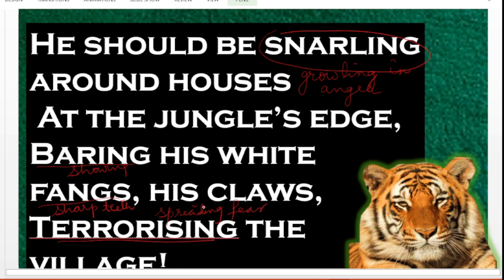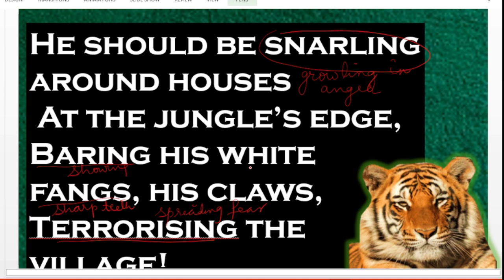Now, let's understand what this means. So now the poet is visualizing how the tiger lives his life in his natural way, how he should be growling in anger, roaming freely around the houses which are lying at the jungle's boundary, at the jungle's edge.